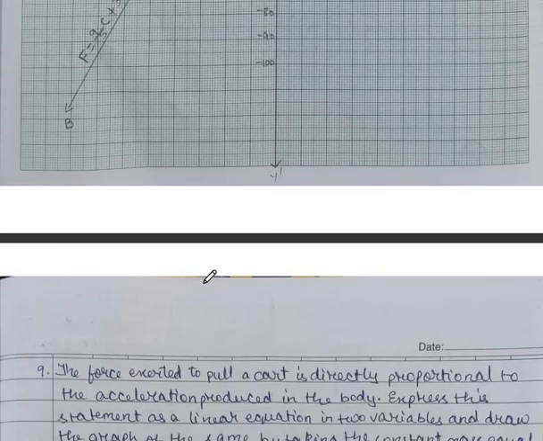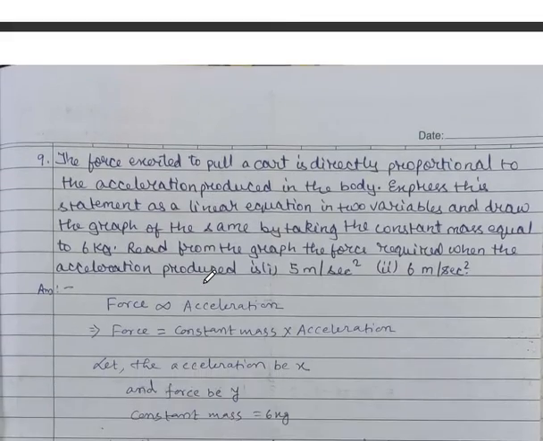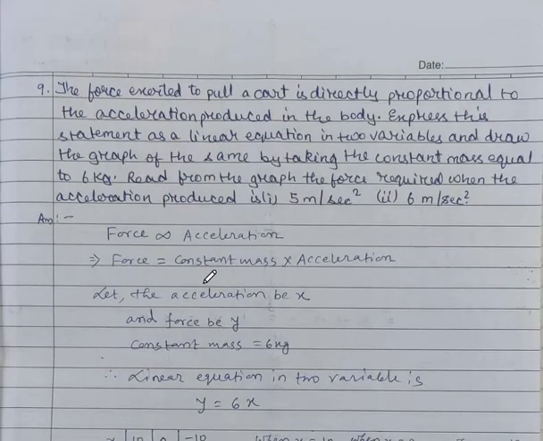Now in the same exercise, question number 9 I'll teach. Question: the force exerted to pull a cart is directly proportional to the acceleration. That means more force, more acceleration will be produced; less force, less acceleration will be produced.